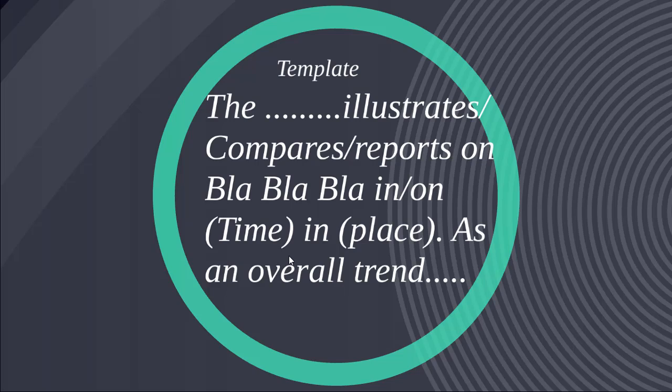The line graph or the pie chart or the table given illustrates or compares or reports on. Use only one of these verbs. Then the topic, in or on, and then you mention the time, and then in, you mention the place, okay, and then you say, as an overall trend, and then you describe the trend.